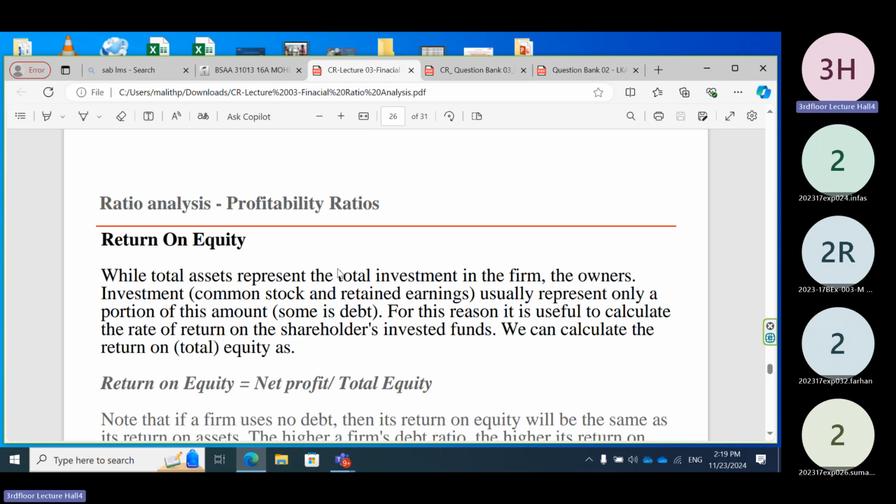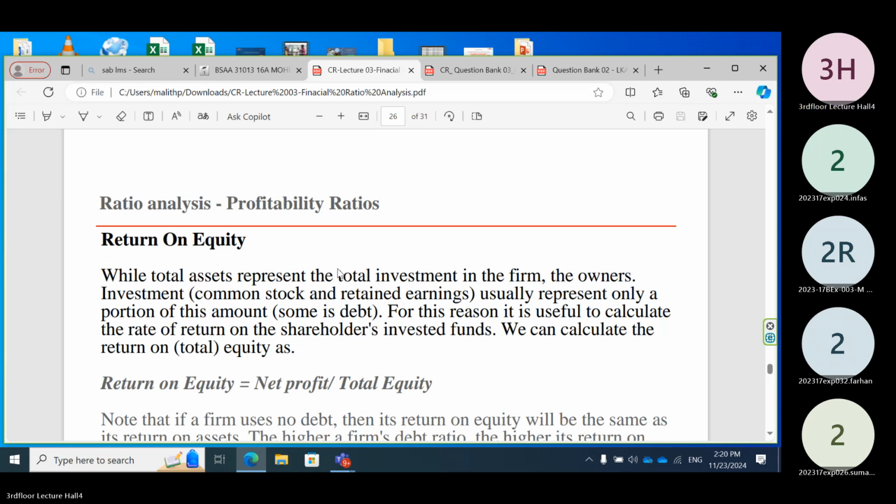You know this formula. So this is how you calculate your return on equity according to the CAPM model. In the CAPM model, we calculate risk-free rate plus beta factor into market premium.